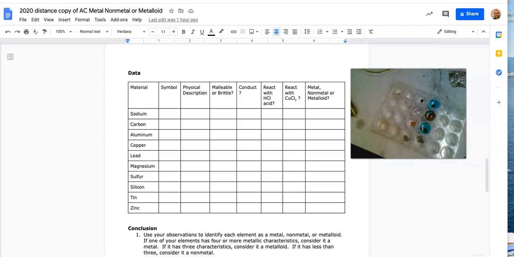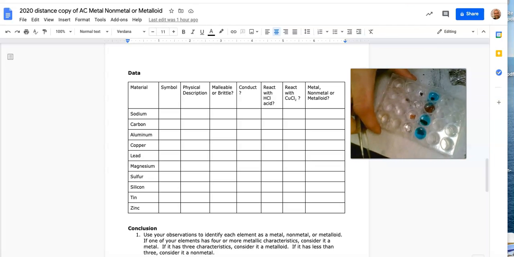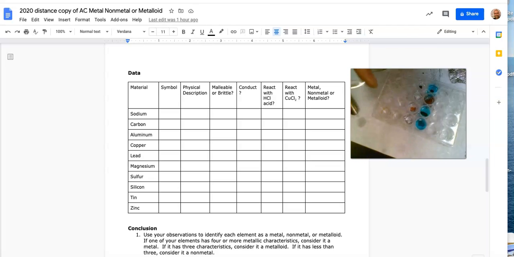I'll put some acid in, and the other one. I would say no reaction with the acid. And with the copper, nothing yet, but we're going to revisit that one in a little bit too.